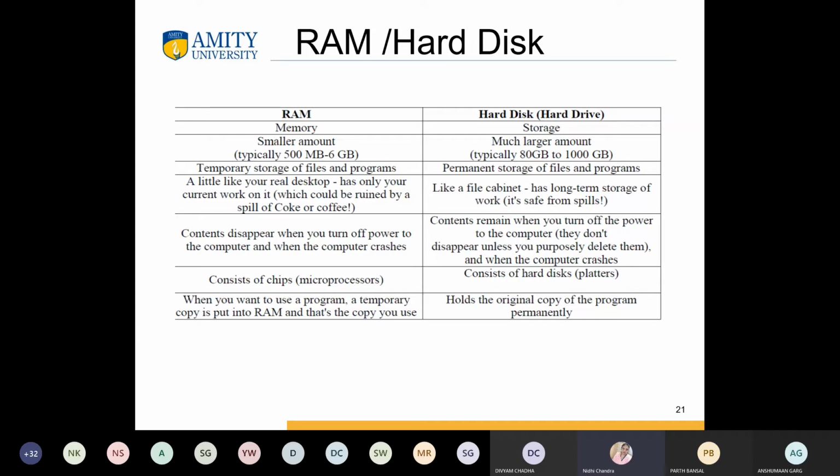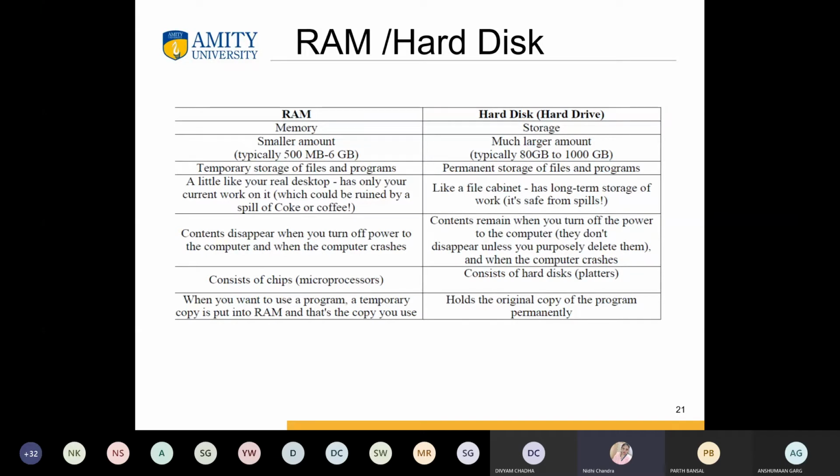Increased capacity is also there, and don't go by this storage, because now a lot of storage space is also available, and there is no turn off of power failure. If you have written something on your hard disk, that will remain safe unless that particular platter or sector is corrupted, because this memory has the concept of sectors and platters where you will be storing your data.